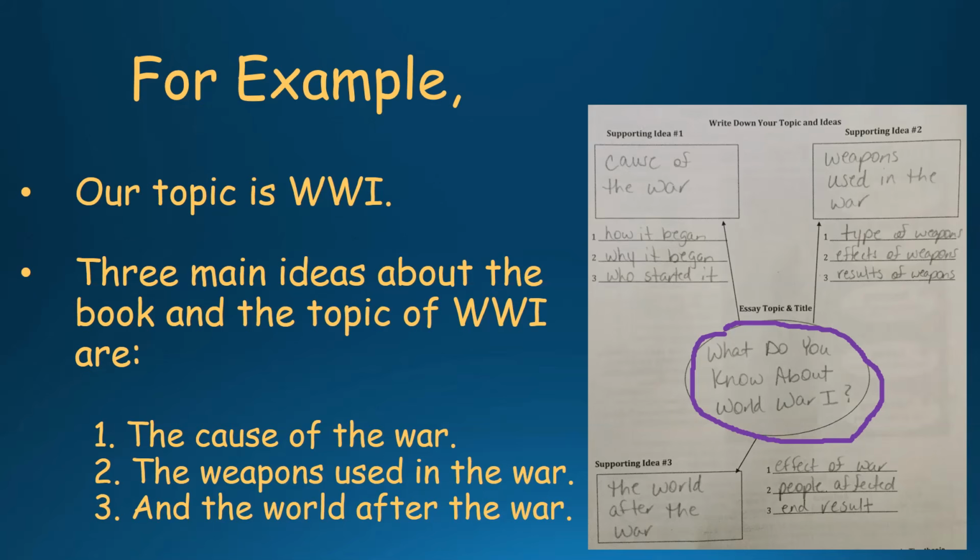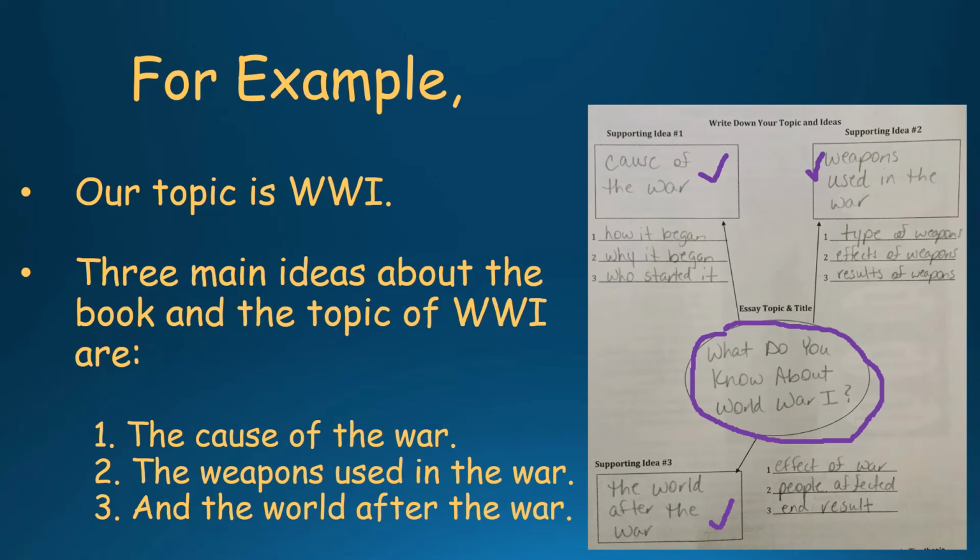So the 3 main ideas that we are going to talk about in our paper are going to be the cause of war, the weapons that were used in World War I, and then the world after the war. So those are our 3 main topics.